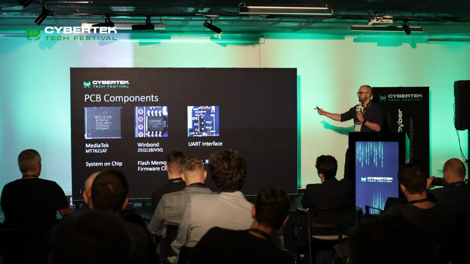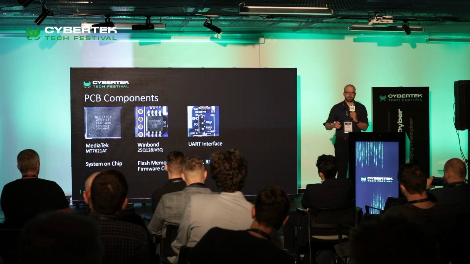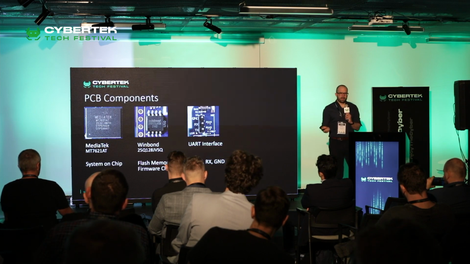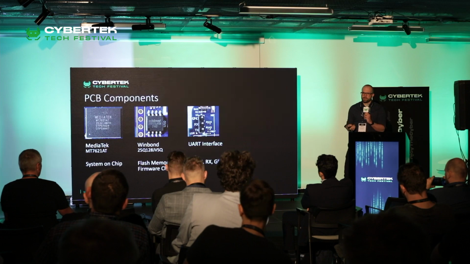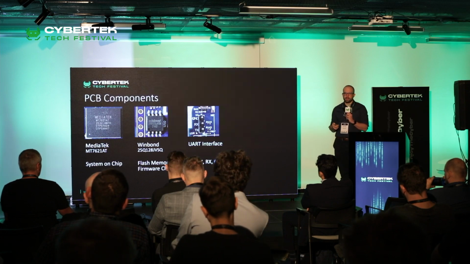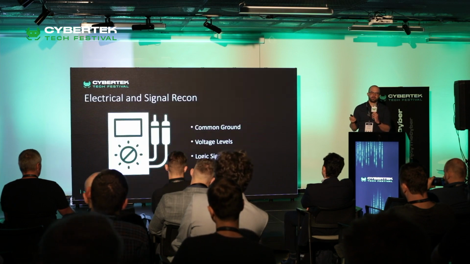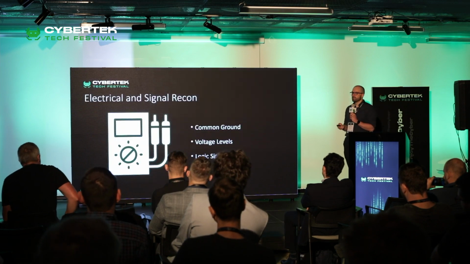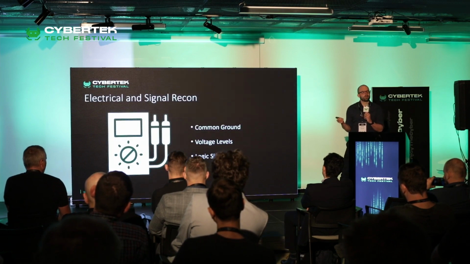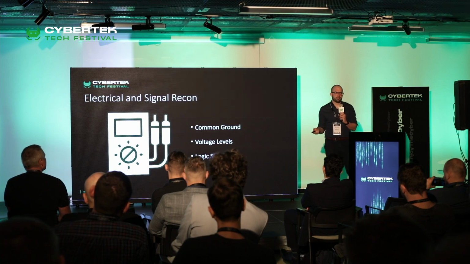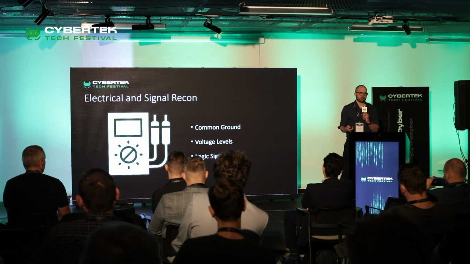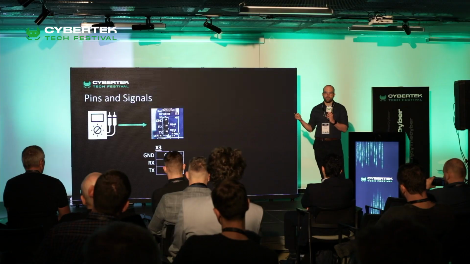We are targeting the UART interface. We could directly connect our USB UART interface and start connecting, but let's follow best practices and first perform electrical reconnaissance. We measure what is the electric common ground, what are the voltage levels, and are any logic signals transmitted. So if we fire up our digital multimeter, the first step is to establish the electric common ground.